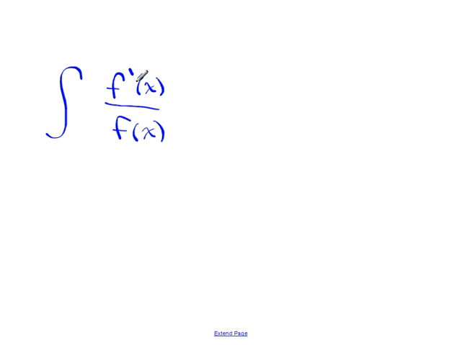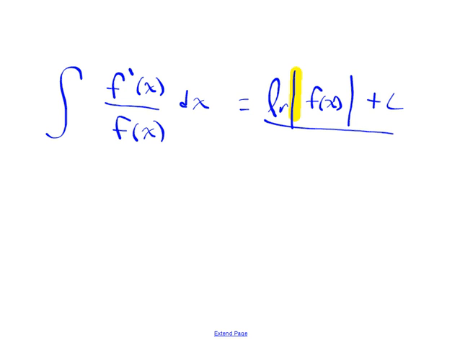So anytime we have the derivative function over the function itself, this equals ln of the absolute value of f of x plus c.